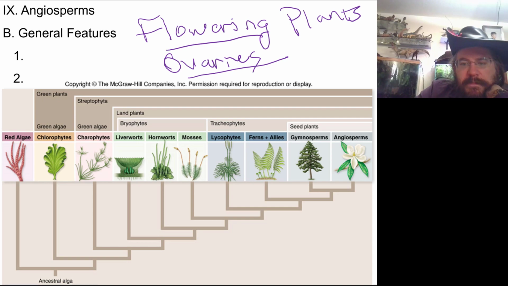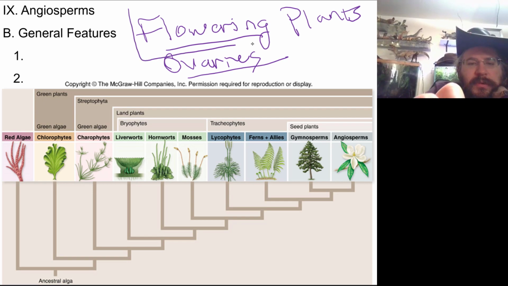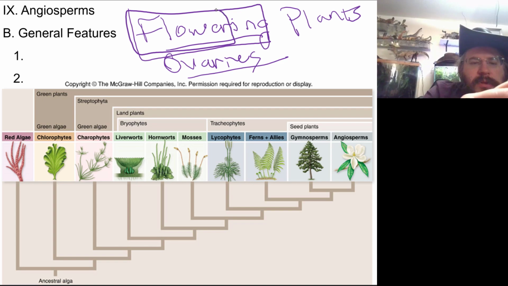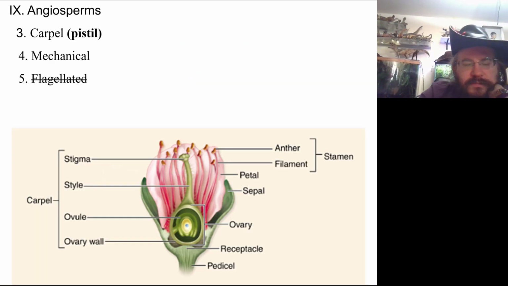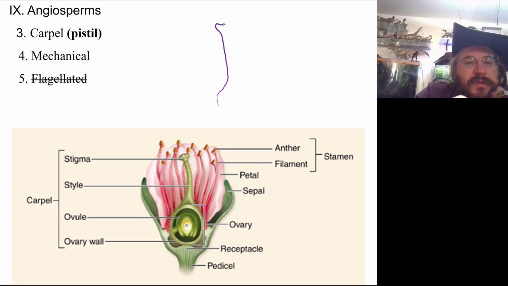So let's talk about the anatomy of a flower. All right. So let's talk about the female reproductive structures of a flower. So we'll ignore our whole combined thing there and just draw that.